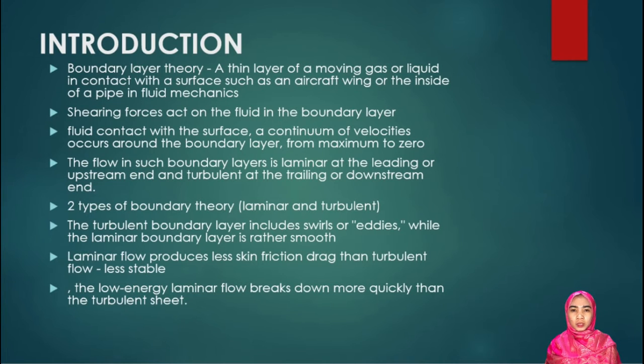There are two types of boundary layer: laminar and turbulent. There are differences between laminar and turbulent boundary layer flow. The turbulent boundary layer includes swirls or eddies, while the laminar boundary layer is rather smooth.